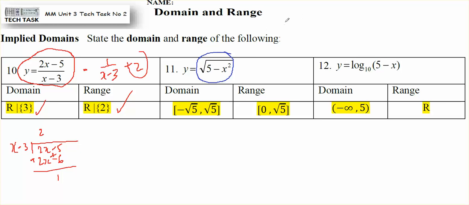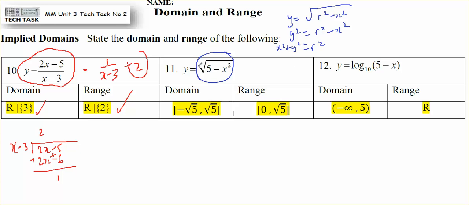This thing here is a circle. My general rule for the circle would be y equals the square root of r squared minus x squared. If I square both sides, y squared equals r squared minus x squared, and x squared plus y squared equals r squared. So it ends up being a circle.